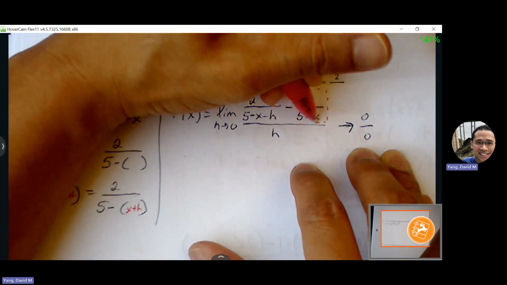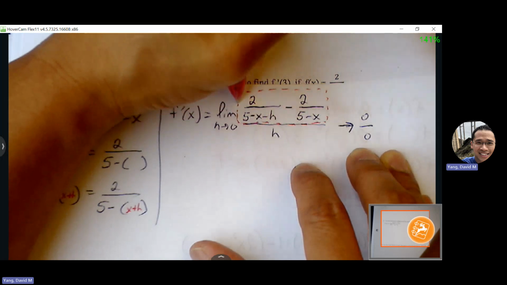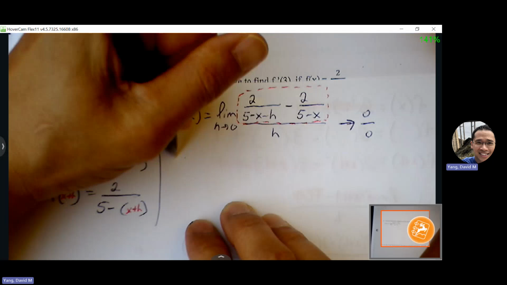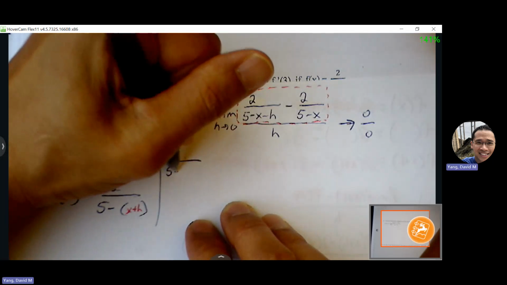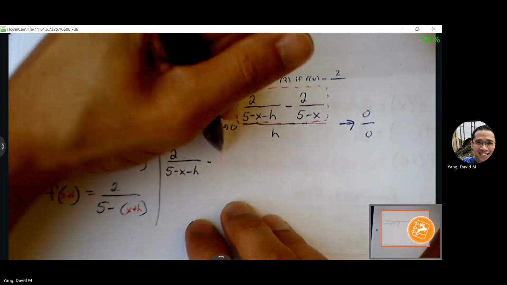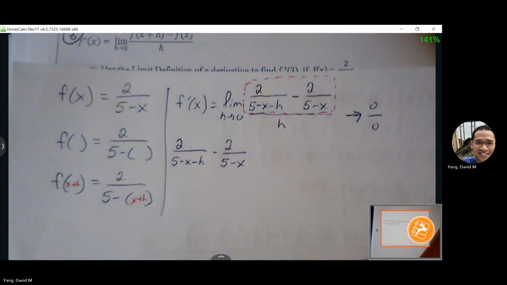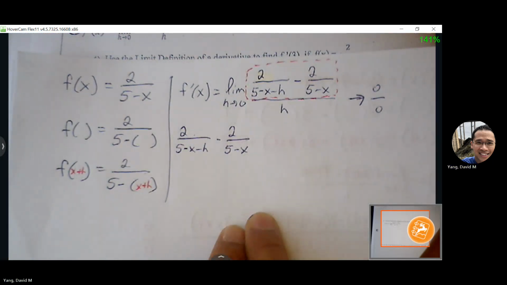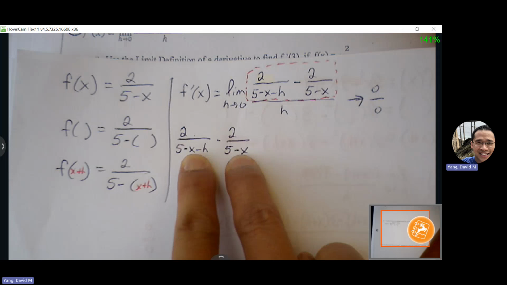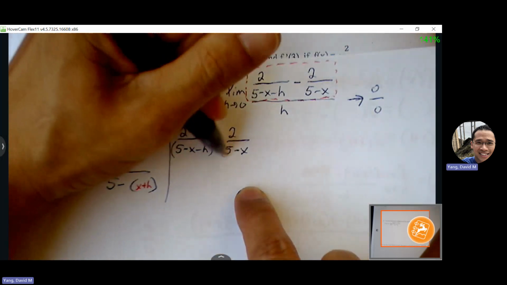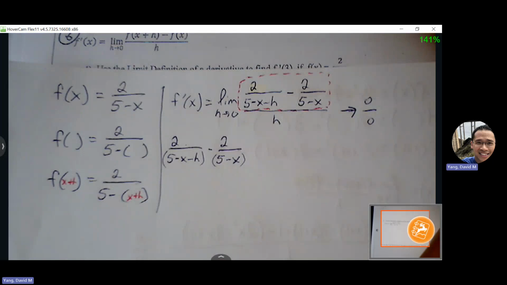I'm going to work on this problem before I return. Okay. What's my common denominator for these two fractions? Are these the same? They're not the same, right? So these are completely separate, even though there are parts of them that are the same.